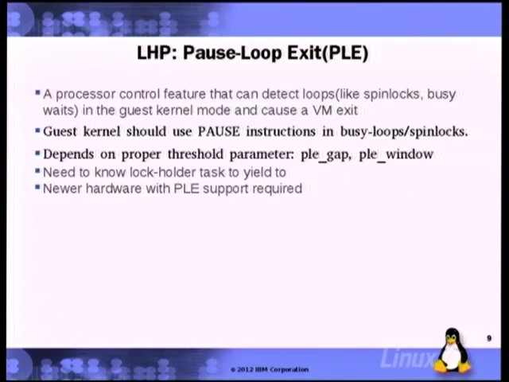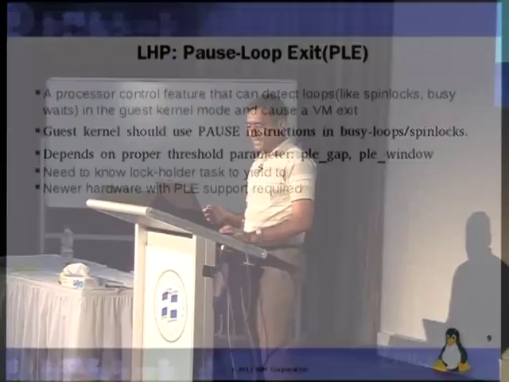After doing a PLE exit, the hypervisor needs to know who is the lock holder. And on top of that, it requires new hardware. This feature is available on some of the new Intel processors, Nehalem EX onwards.